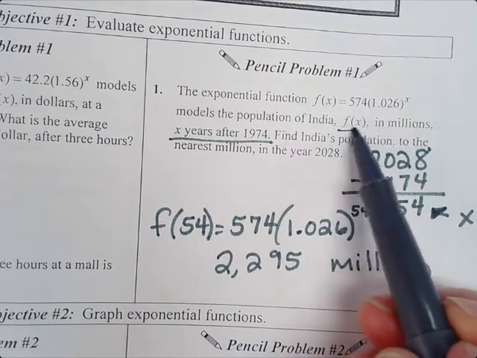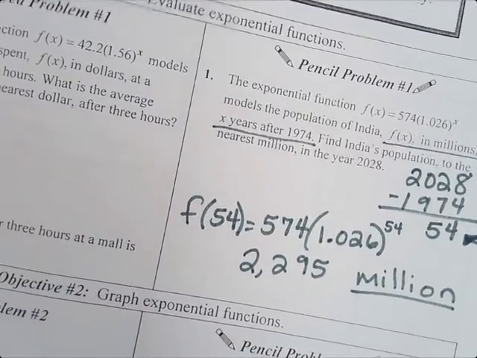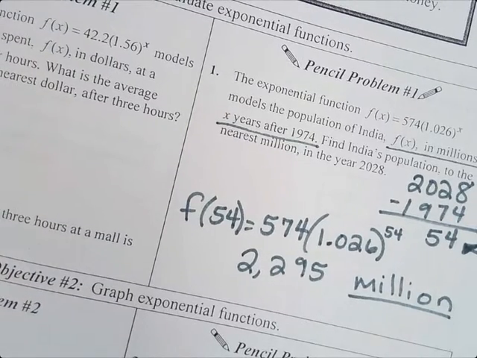Because it says f of x in millions, so that's why we have to put million on there. 2,295 million.